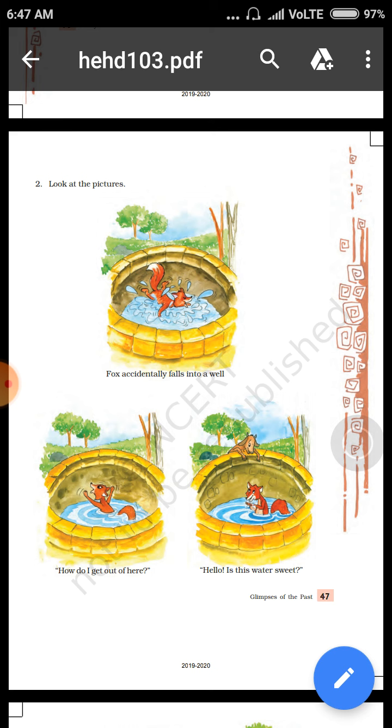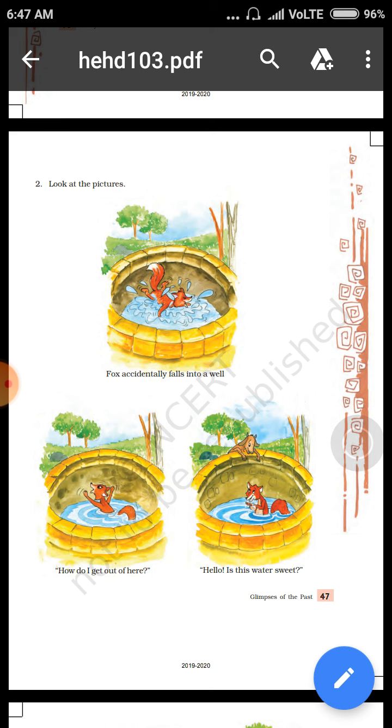Perhaps you have seen this picture, you can recall this picture. This will be helpful for your story writing.